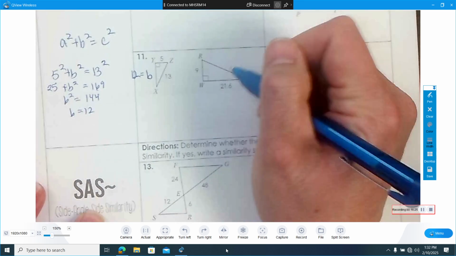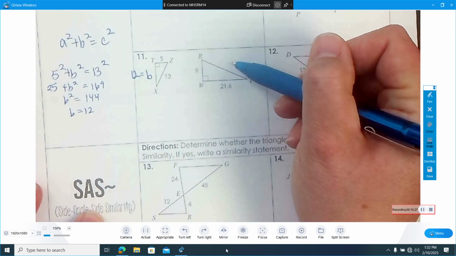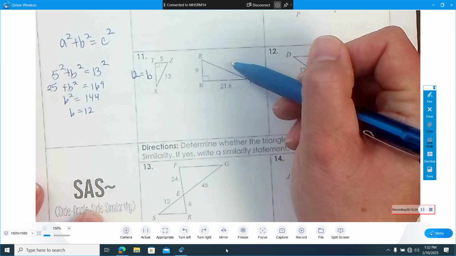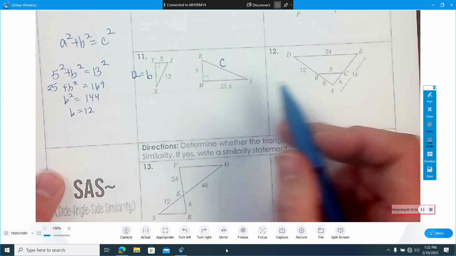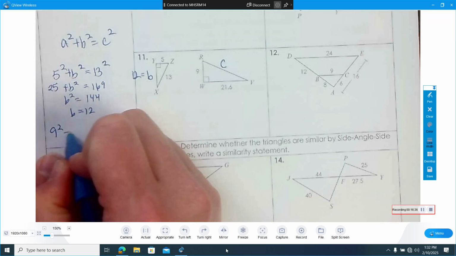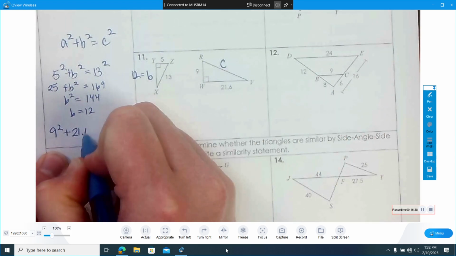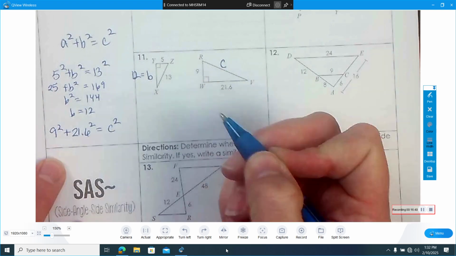And then I need to find which side on this triangle? The hypotenuse, the C. All right, so then we have 9 squared plus 21.6 squared equals C squared.